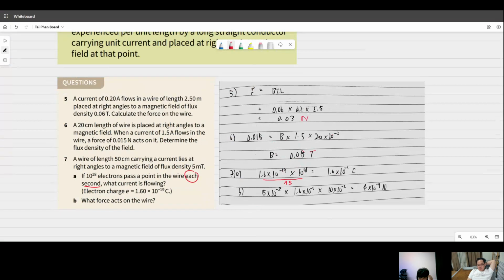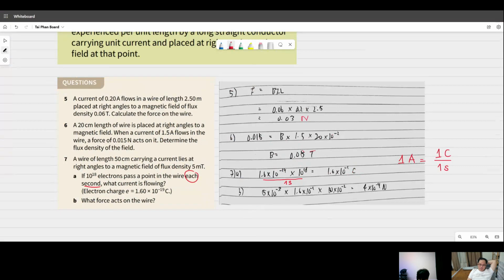It is okay, but it helps the graders, the teacher, understand the calculation better. And the unit of current is ampere, not coulomb. 1 ampere is 1 coulomb of charge per second, which is 1 trillion electrons here, 10 to 18. Okay, divide 1 second. So there's a wrong unit here.